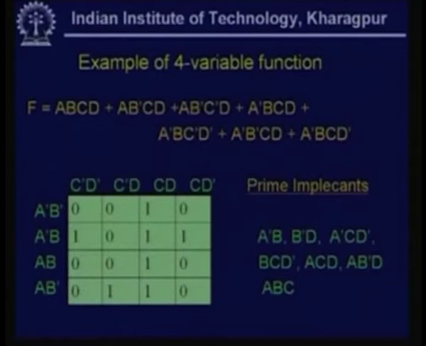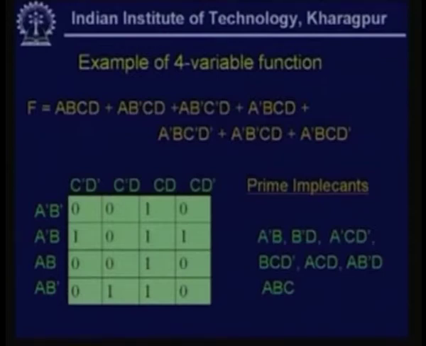Now, see, this is one quad, this is one quad. For this quad, this is the term A dash B dash. Now, I will form this quad, which one?